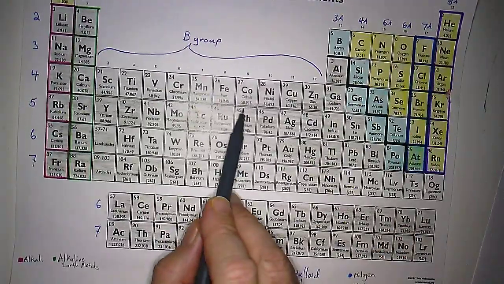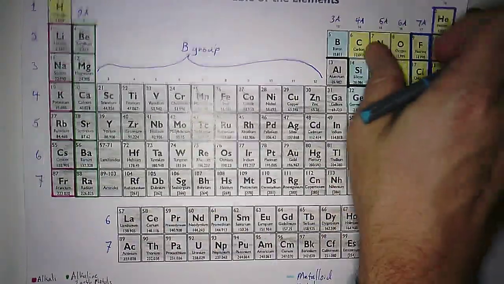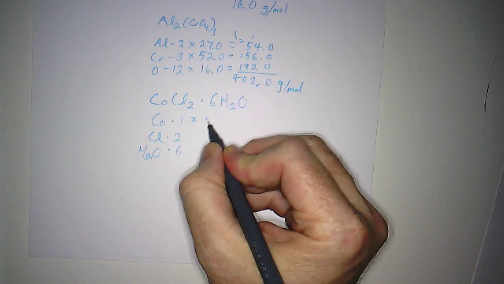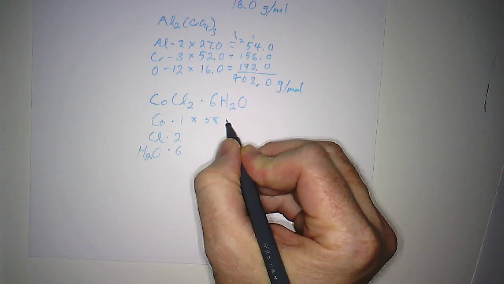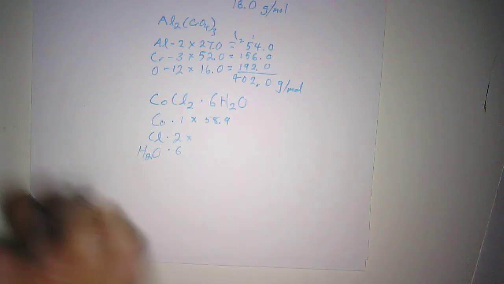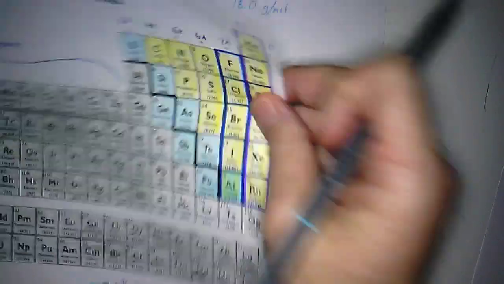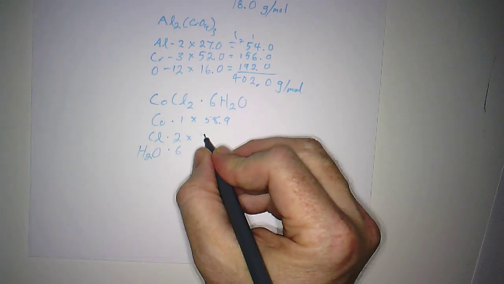All right, so cobalt is 58.933. So 58.9. All right. Chlorine is 35.453. So if we round that one, it's going to be 35.5.